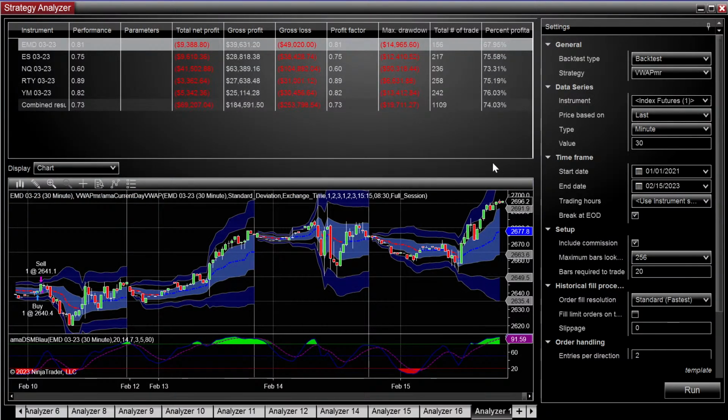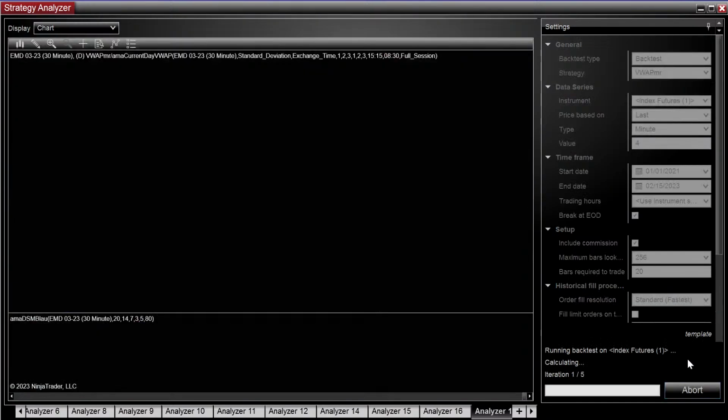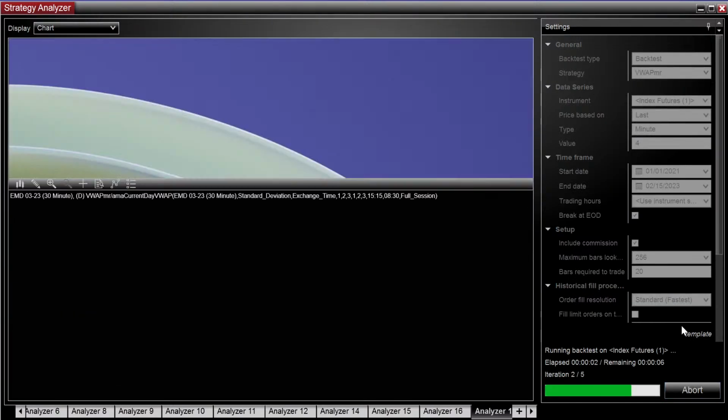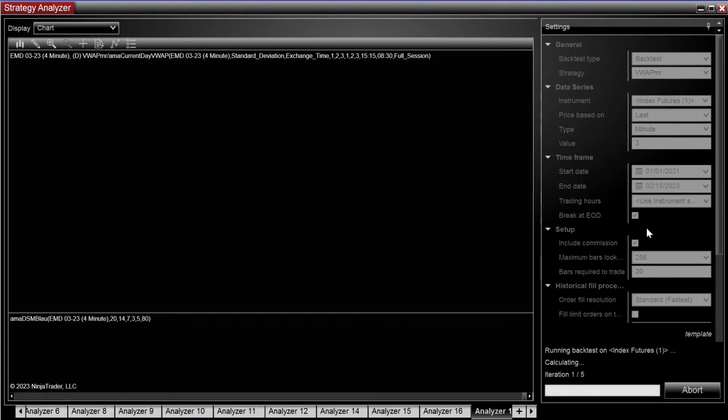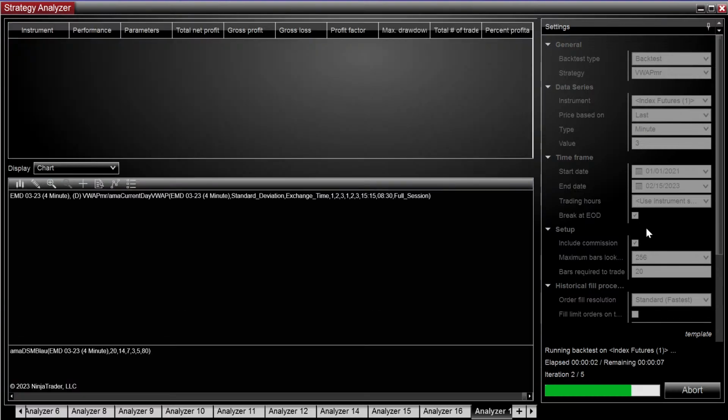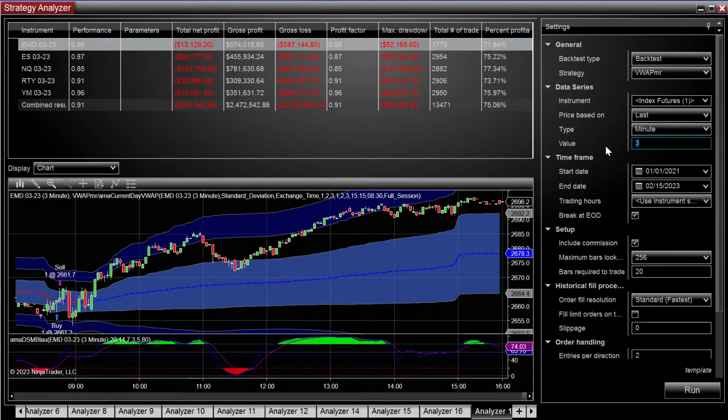Probably not going to get anywhere with the higher time frames. No, we'll try some of the lower time frames now. 4 minute is worse. 3 minutes even worse.